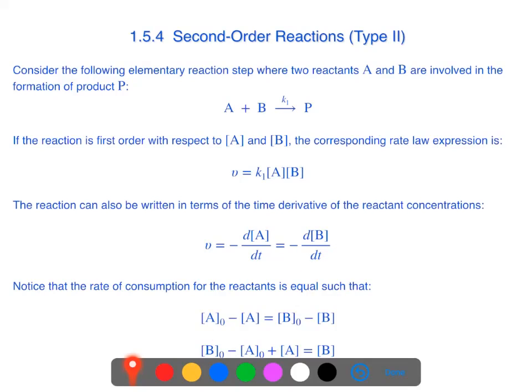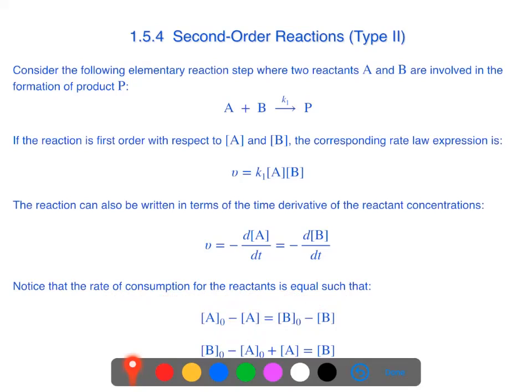As a result, the rate of consumption for the reactants is equal, such that the difference between A naught and some concentration of A at time t is equal to B naught minus some concentration of B at time t.